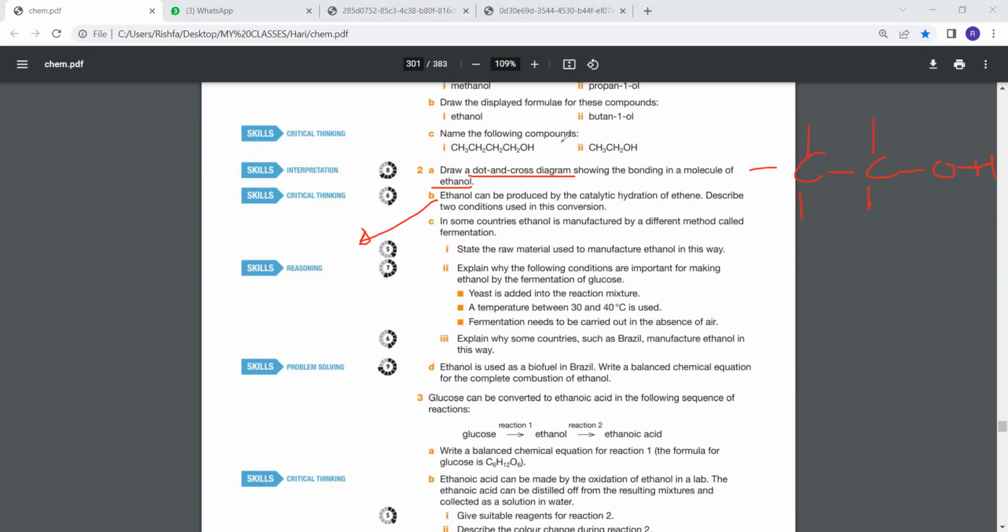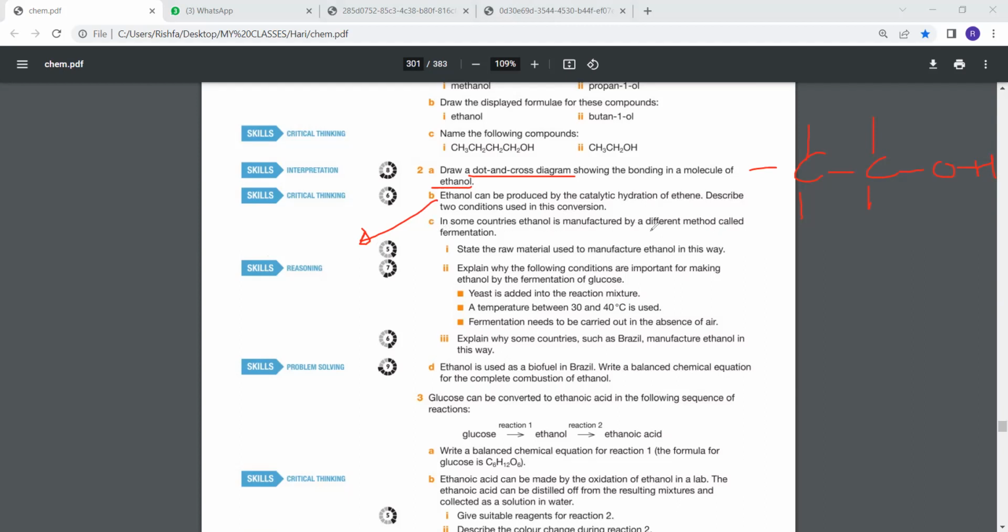Sorry, Miss, I was muted. It's 300 degrees Celsius temperature, and then 60 to 70 atmospheric pressure. And the catalyst is phosphoric acid, right? Yeah, you should know all that.